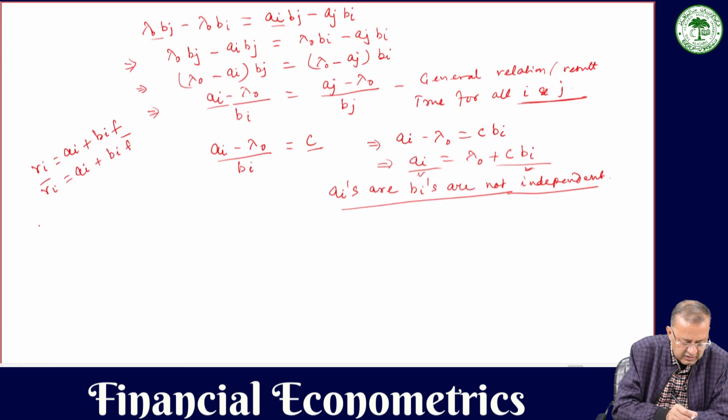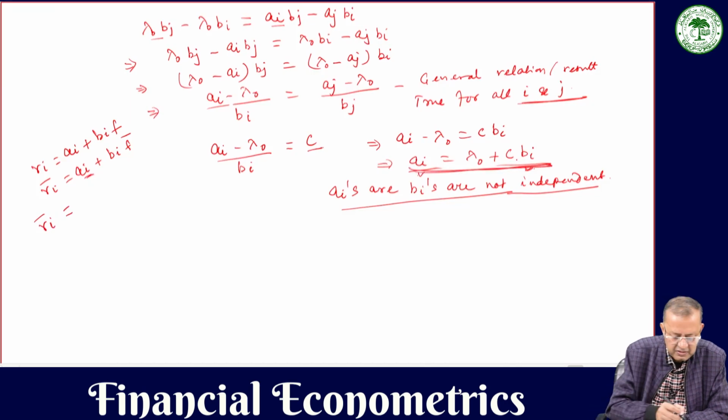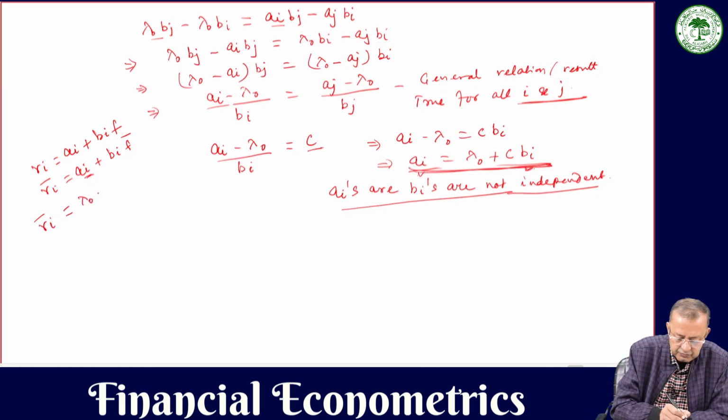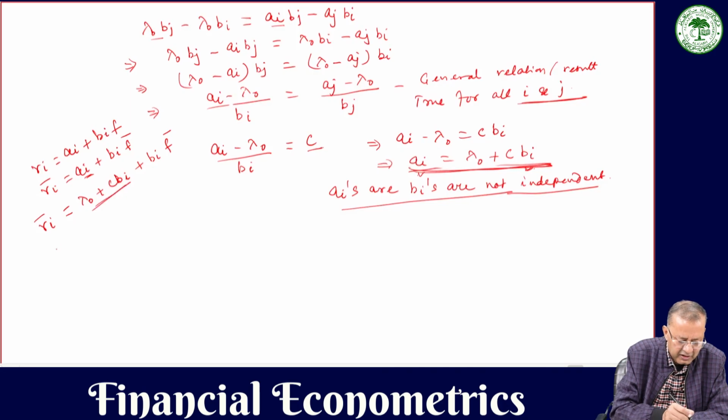What is this Ri bar? What is this AI? AI is equal to lambda 0 plus C BI, plus BI into F bar. So let this be denoted by lambda 1.